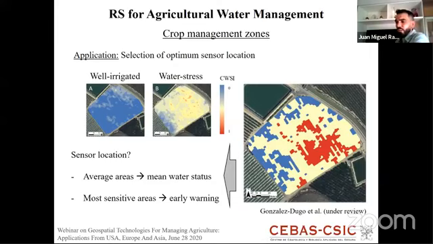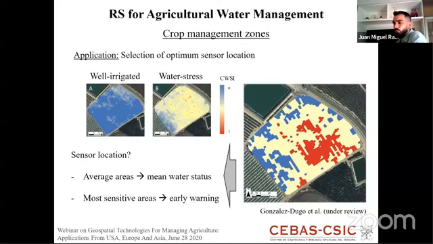And the last application that I would like to show you before finishing is how these crop management zones help in the selection of optimum field location for the installation of soil and plant sensors. In this case, the zoning was based on how sensitive the trees were to water stress. For calculating such information, 2 flights were carried out.